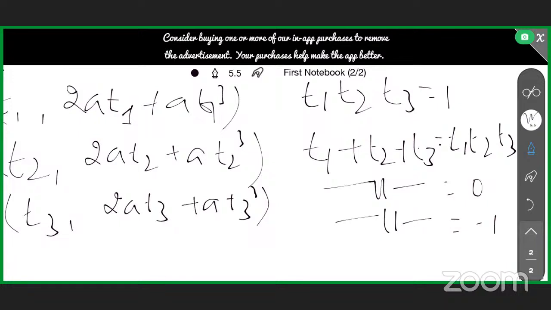Option B, T1 plus T2 plus T3 is equal to T1 into T2 into T3. Option C, T1 plus T2 plus T3 is equal to 0. Option D, T1 plus T2 plus T3 is equal to minus 1. This is a very straightforward question from the theory of collinearity of 3 points. So please use the formula. I don't want to tell the formula here. Please use the formula and solve it. That's personal work for you. At least then you learn the formula. I am also very much fed up with this concept of formula this time.